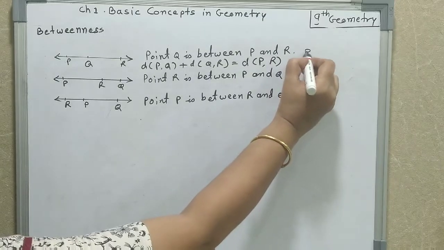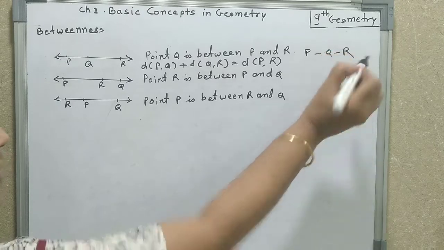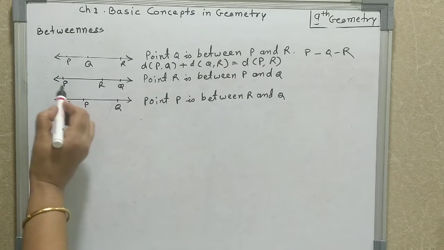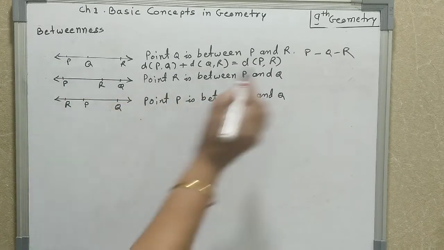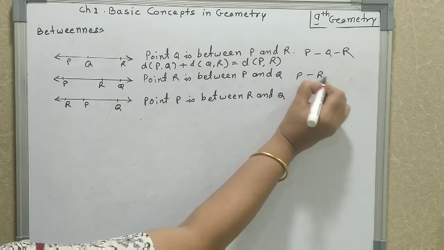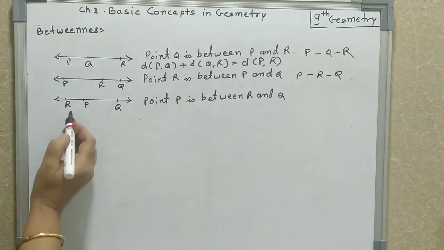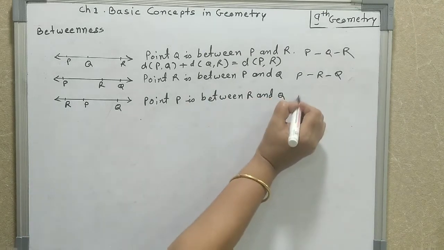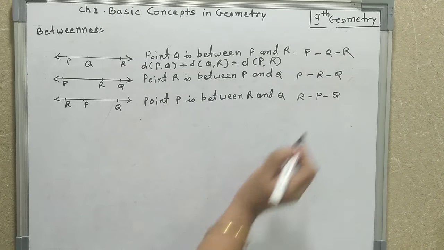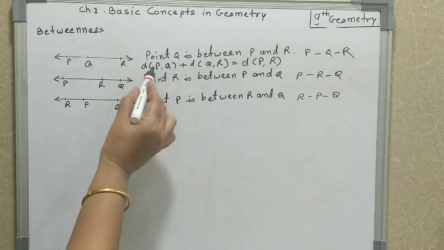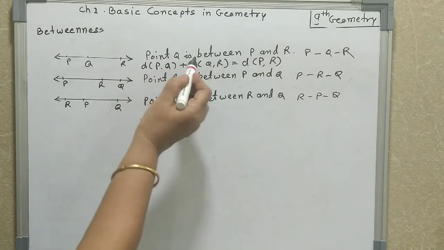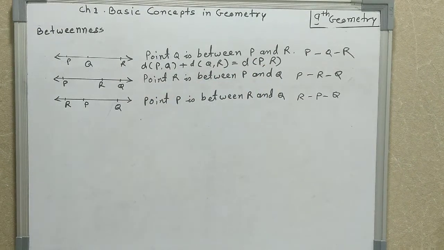We write this mathematically as P-Q-R. In the second one, point R is between P and Q, so we write P-R-Q. In the third one, point P is between R and Q, so we write R-P-Q. In the first one, distance PQ plus distance QR is equal to distance PR, so it is said that point Q is between P and R.